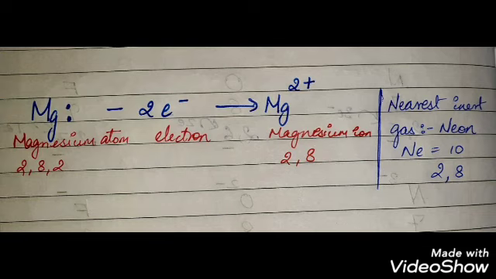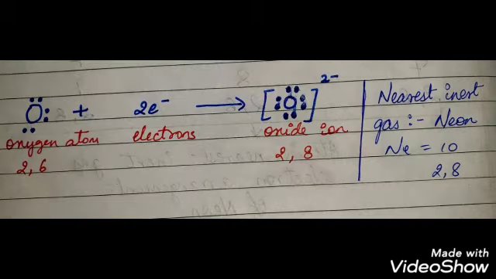We see that magnesium atom has 2 electrons in its outermost shell. So, the magnesium atom donates its 2 outermost electrons and forms a stable magnesium ion Mg2+ having the electron arrangement of neon atom. The atomic number of oxygen is 8, so its electronic configuration is 2,6.